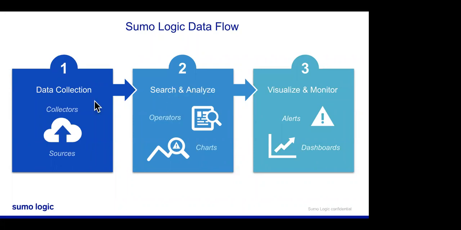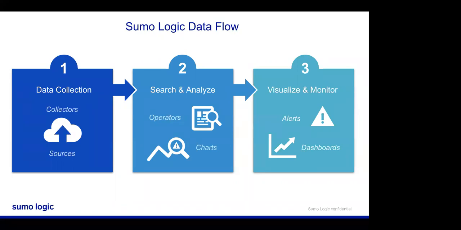Now, from that, once we get the data coming into Sumo Logic, now we can write queries, we can analyze with great charts, create bar charts, line charts, map charts, whatever, and take those charts and we can start building dashboards. And in this course, we're going to go through these phases a little bit. We will not create a collector per se, but we will see the collectors and we'll see what's going on.